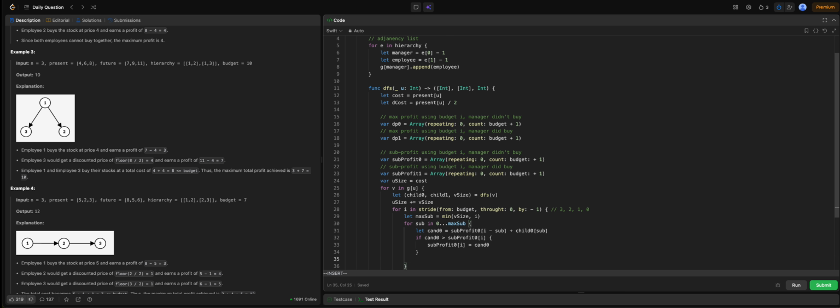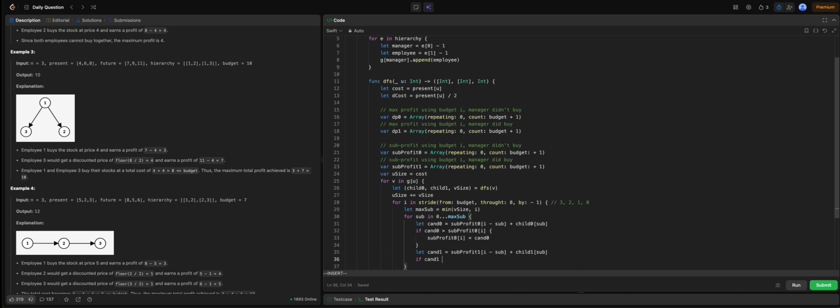So it will be the same for the candidate 1. Let's call it: if candidate 1 profit is better than the... okay, we need to create the candidate 1 first. Sub profit of 1, profit of 1, that would be index minus sub, and then child 1 of sub.